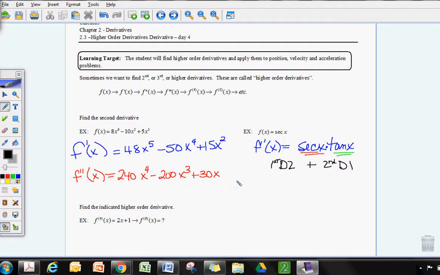So for my second derivative here, I am going to color code it like I've done. First is secant x. Derivative of the second is secant squared x. Added on to the second is tangent of x.